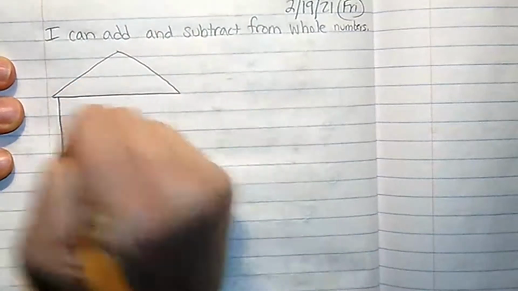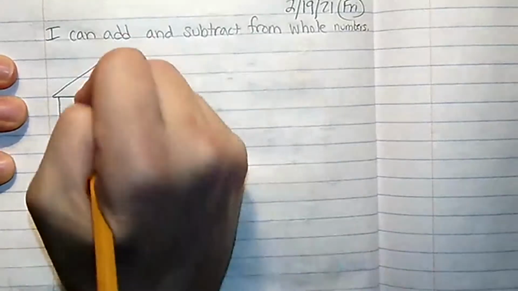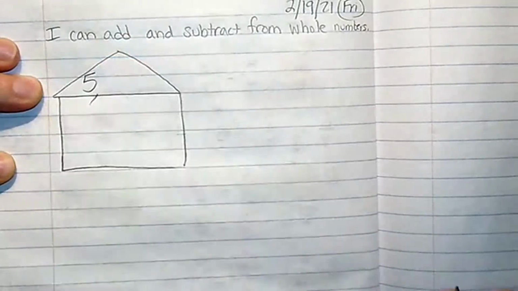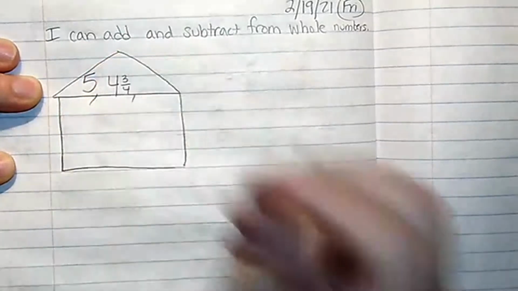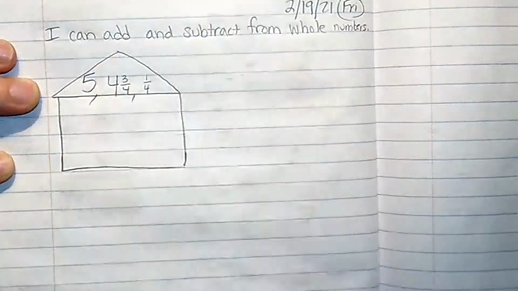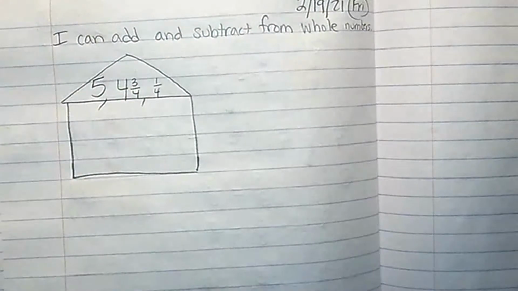Remember, with our fact family, we only have 3 people who live in the house. And the 3 people are 5, 4 3/4, and 1/4. Give me a thumbs up if you think 5 is the biggest number.